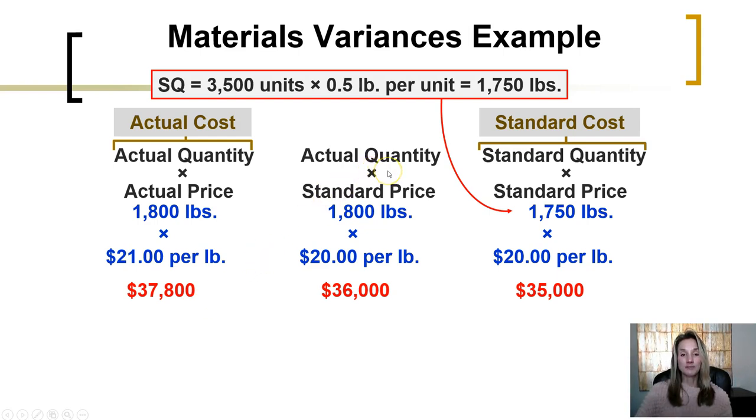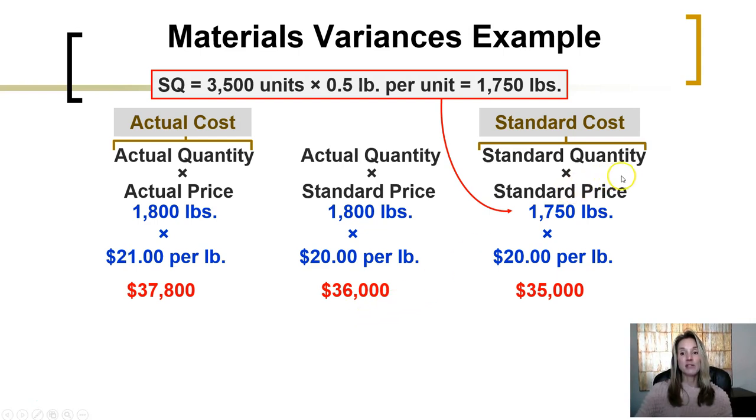Here in the center, our actual quantity of materials times the standard price. We actually used 1,800 pounds. We should have paid $20 per pound, giving us a $36,000 flexible budget amount for materials.